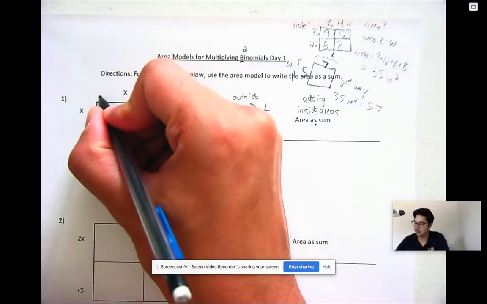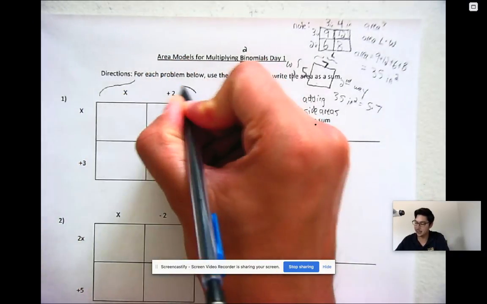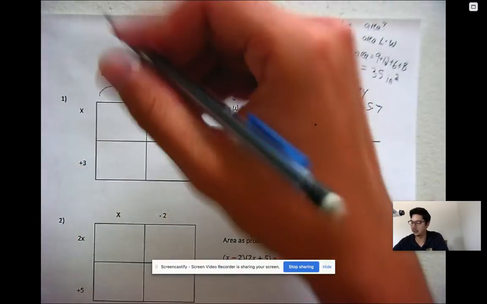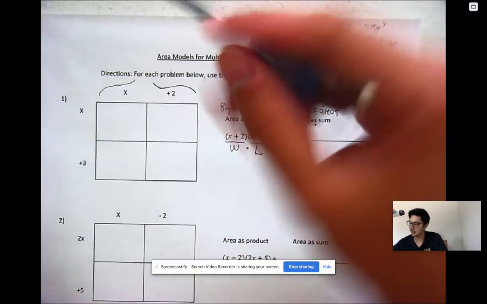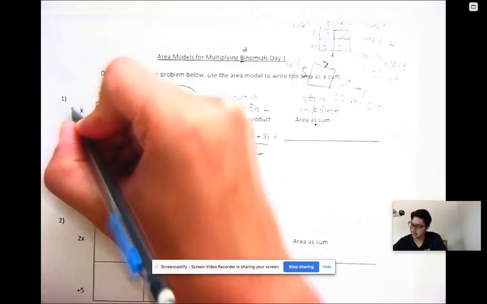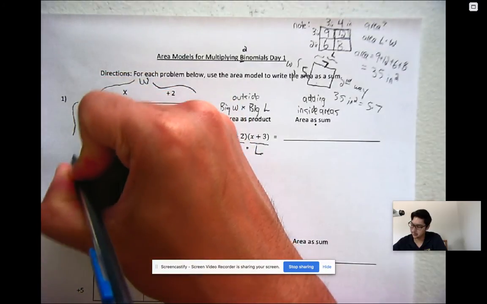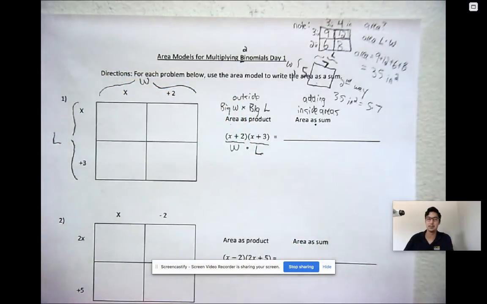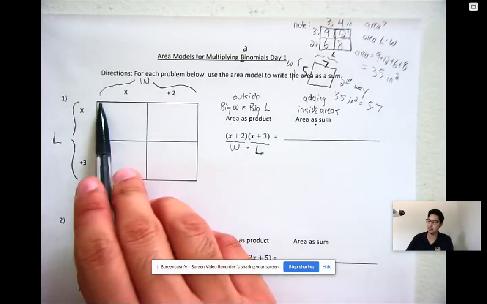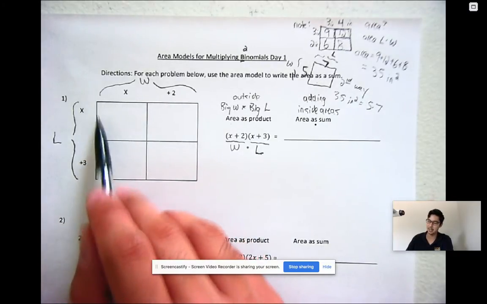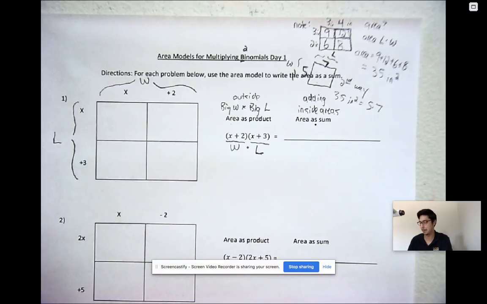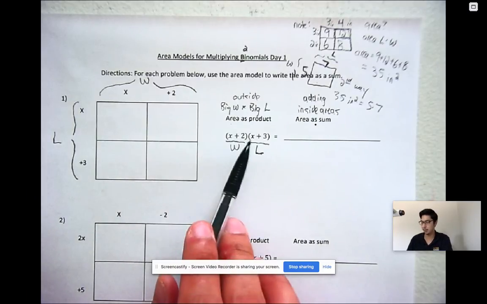X plus 2, well, I know they kind of interchanged it, but width, length on a rectangle doesn't really matter. So we'll call this the width, and this whole thing is the length. And they broke it off where x represents that length, 2 represents that length, x represents that length, and 3 represents that length. So that's what area as a product is.